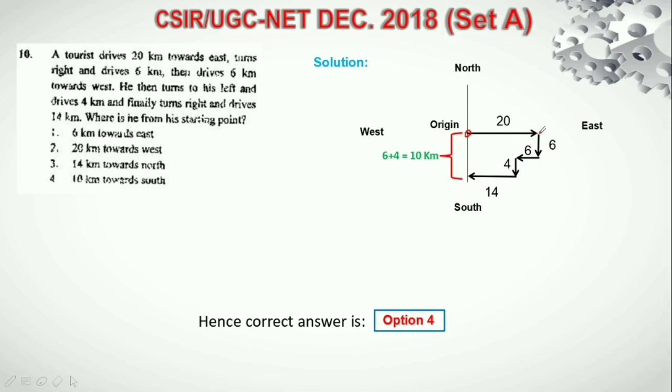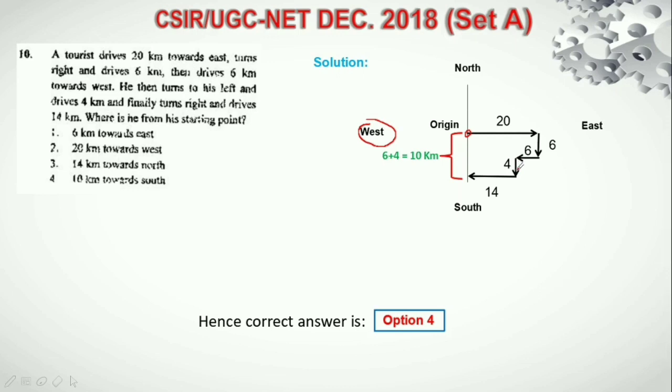So this means he will go in this direction 6 kilometer, and after covering 6 kilometer he drives towards west and again covers a 6 kilometer distance. So west direction is in this side, so he will move 6 kilometer in this direction and reach at this point, and then he drives 4 kilometer towards his left.